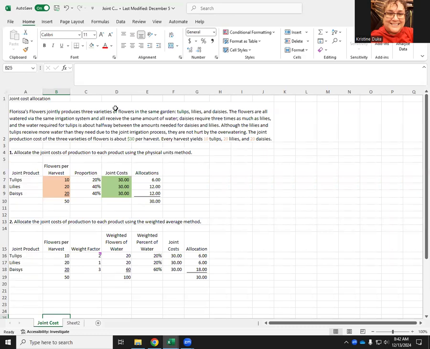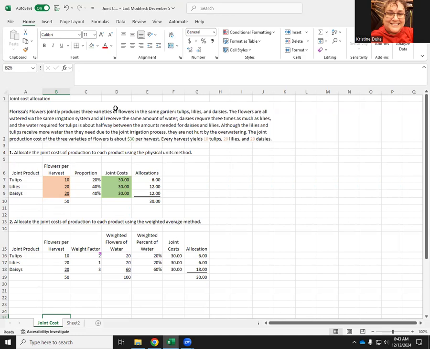Now, this is a joint cost allocation. I don't think you will have a whole lot of this, but basically what we're doing here is determining a weighted use of the allocation.